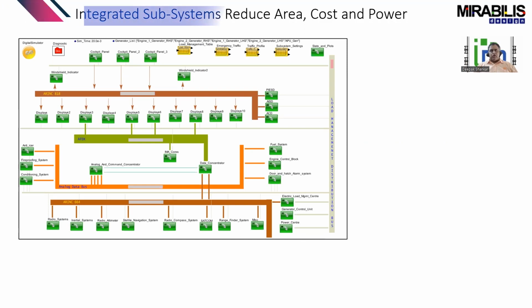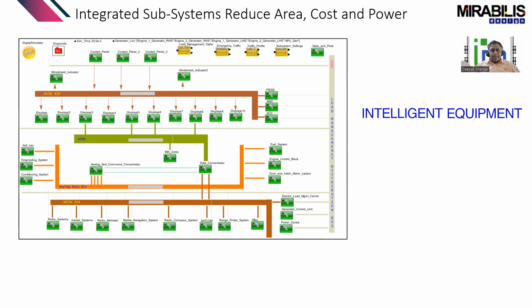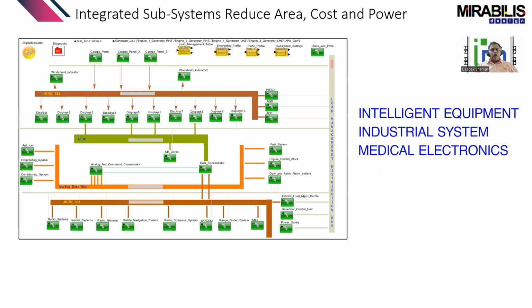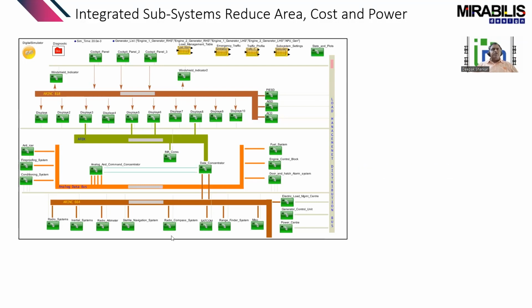When you want to really integrate these subsystems, one of the areas where there's huge opportunity is in very large systems. You can look at things like avionics, intelligent equipment, industrial systems, medical electronics, data centers. All of these offer a huge opportunity to reduce your area, cost, performance, and power consumption.